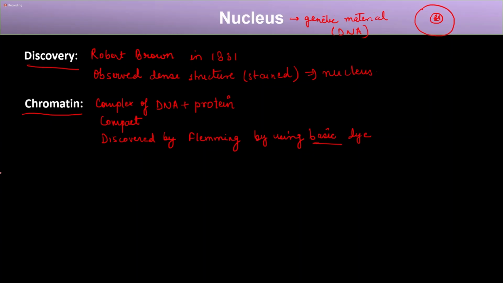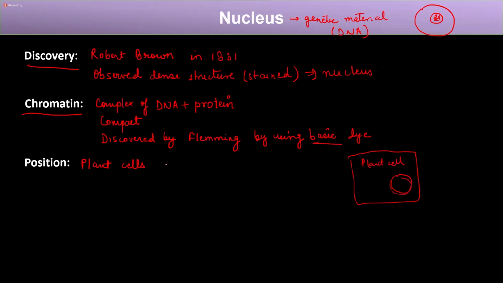Now, if we talk about the position of the nucleus in different cells, the position varies according to the cell. In plant cells, the nucleus is present at the periphery, somewhere on the side.